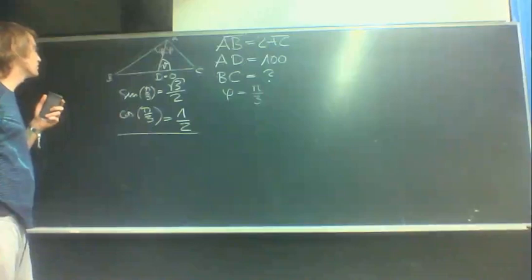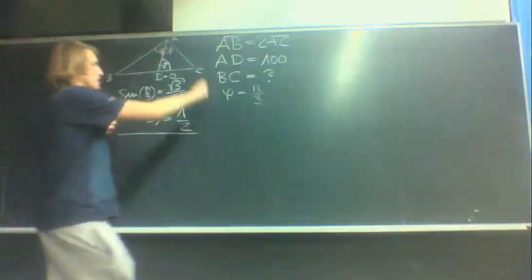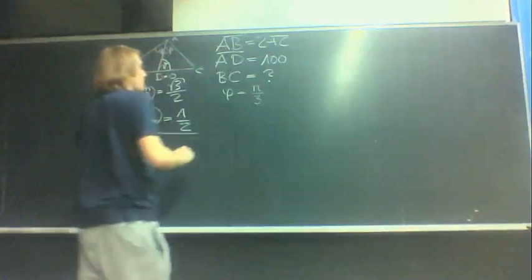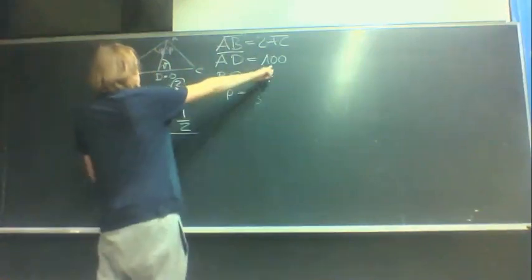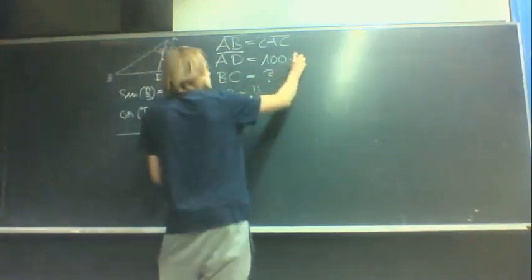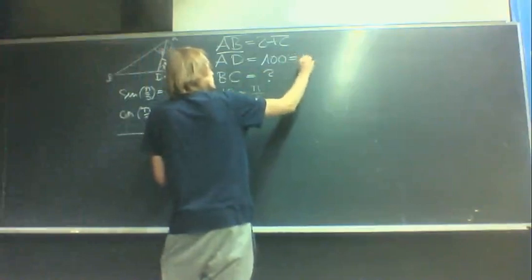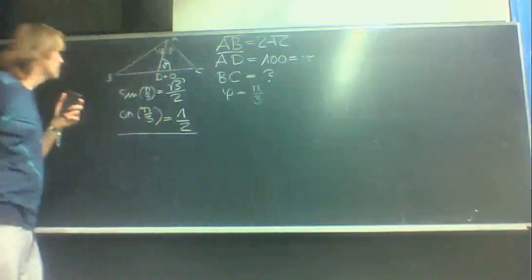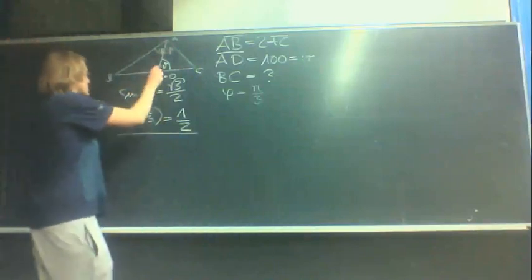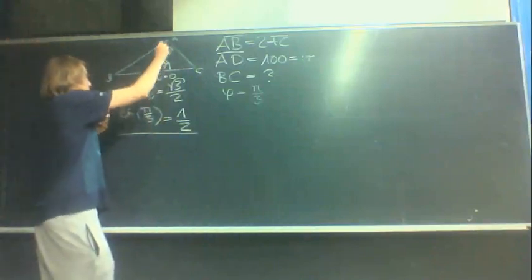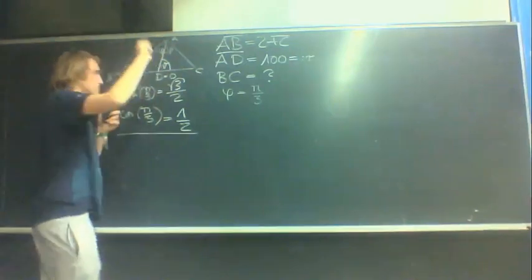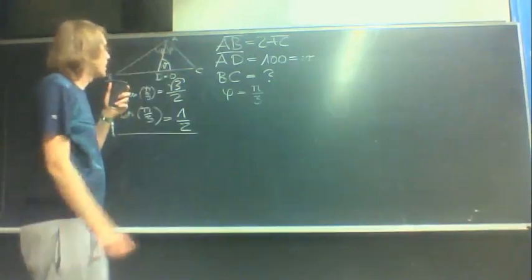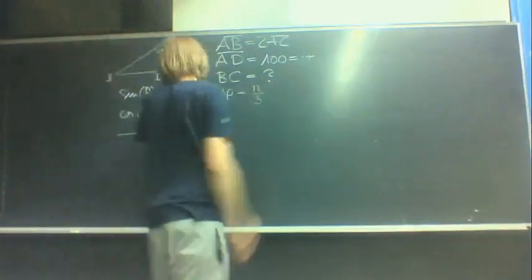And we know that AD will be 100. So we will call this R, and we will call this whole vector R times ER.